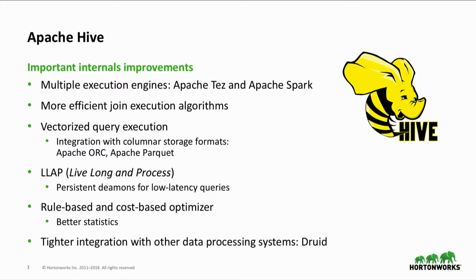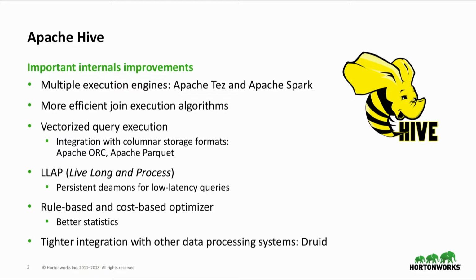So it makes processing much more efficient. And together with this, we integrated with columnar storage formats such as ORC and Parquet. Obviously, LLAP, live long and process, where you can have persistent daemons for real low latency queries.